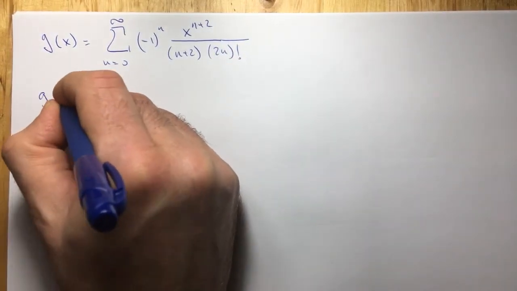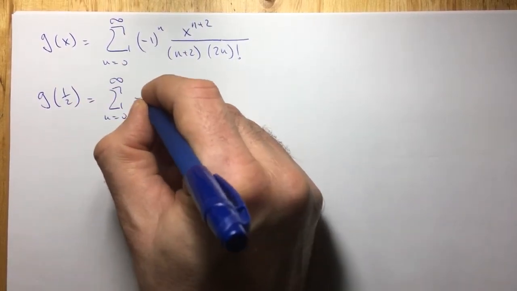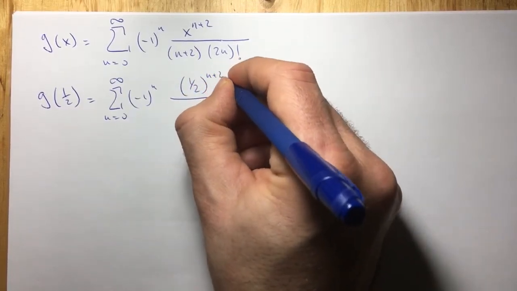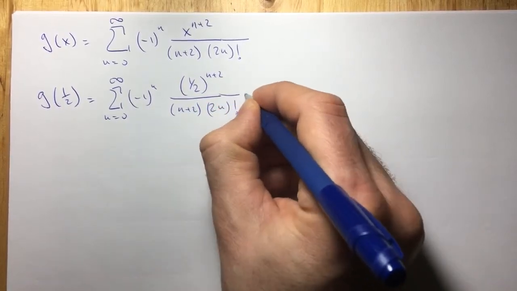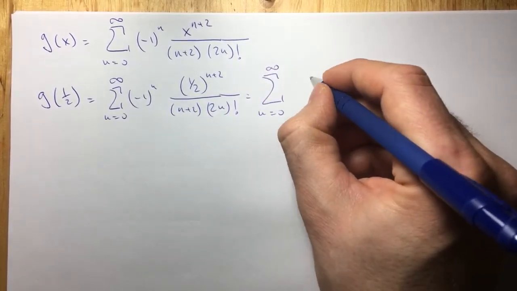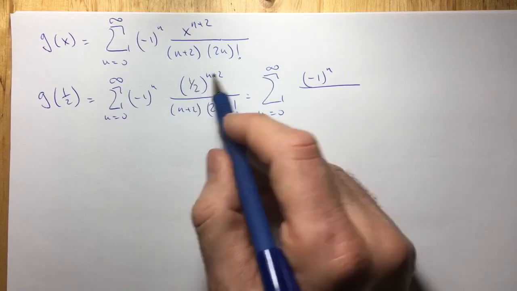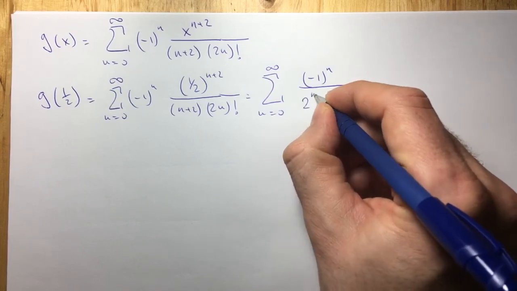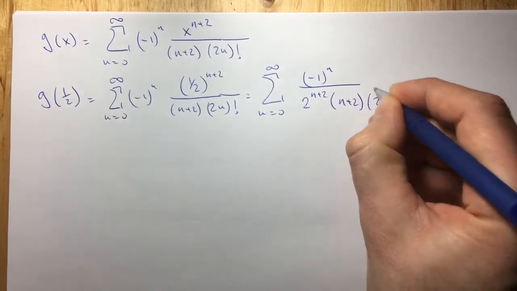Then g of 1/2 is going to be the sum, n goes from 0 to infinity, -1 to the power of n, 1/2 to the power of n plus 2 over n plus 2 times 2n factorial, or n goes from 0 to infinity, -1 to the power of n over, so the numerator here is 1, right, to any power 1, and then 2 to the power of n plus 2 goes in the denominator times 2n factorial.